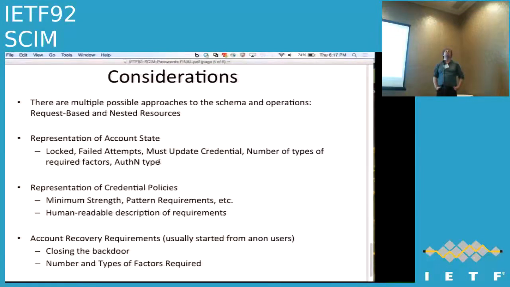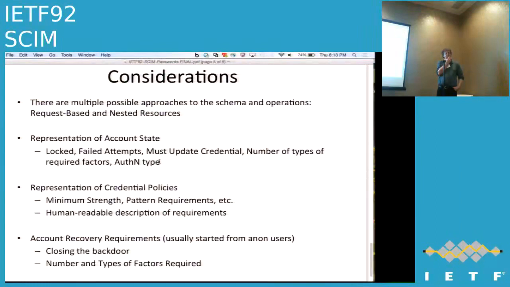So if people are going to want to do session management to kill off these things independent of the provisioning aspects of SCIM, if they get both for deploying one protocol, they're more likely to do it.